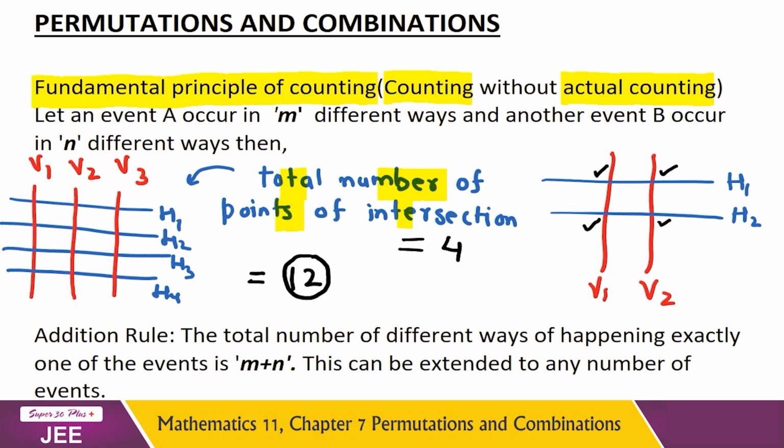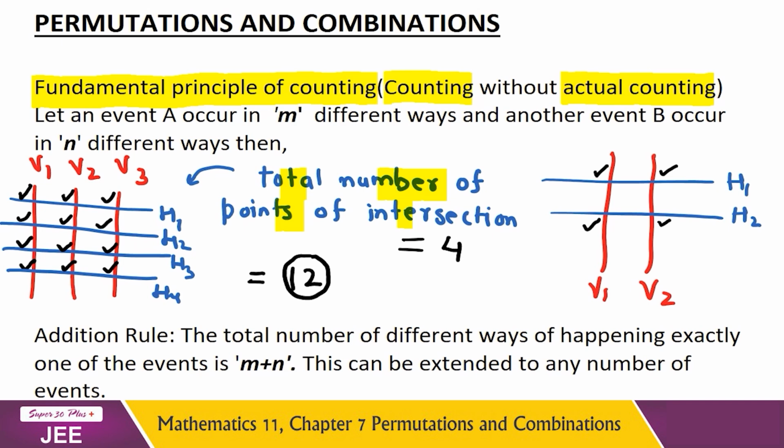Now one could have gone through the approach of counting each and every point of intersection: 1, 2, 3, 4, 5, 6, 7, 8, 9, 10, 11 and 12. So in this way also we could have got the total number of points of intersection.